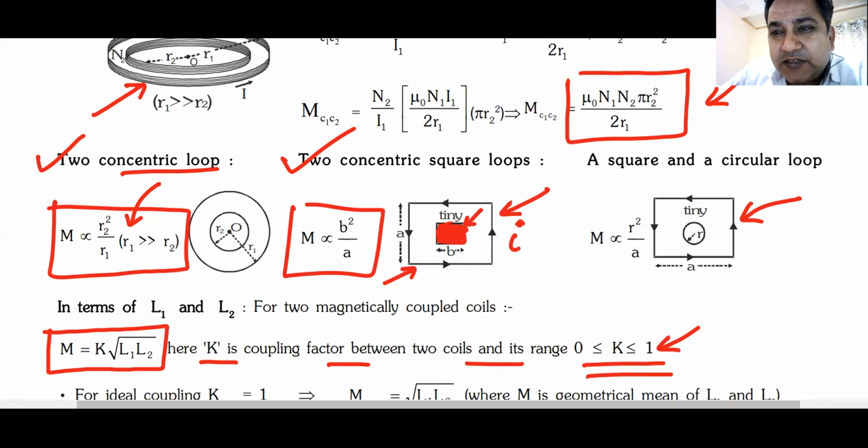We'll assume that the inner circle or inner rectangle or inner triangle or inner square is too small. So magnetic field at the center is the magnetic field throughout, multiplied by the number of turns of the inner coil, multiplied by the area of the inner coil, you will get the mutual inductance of the combination. Do we understand this?